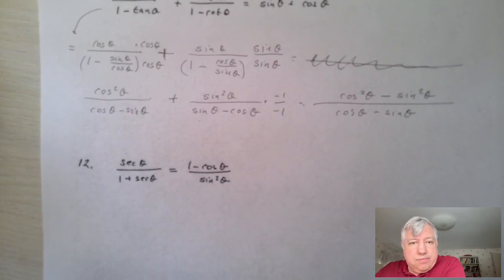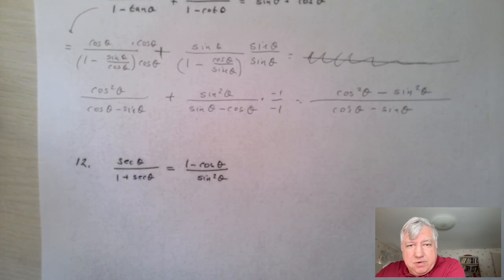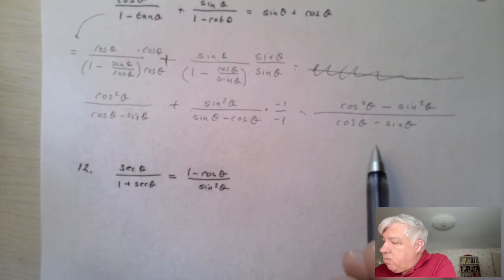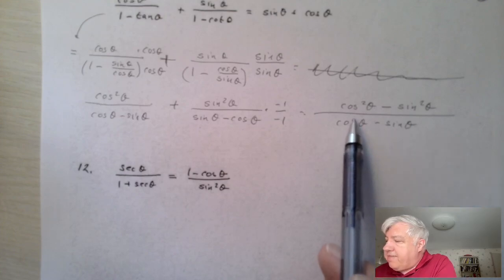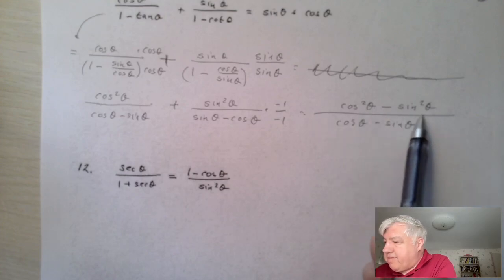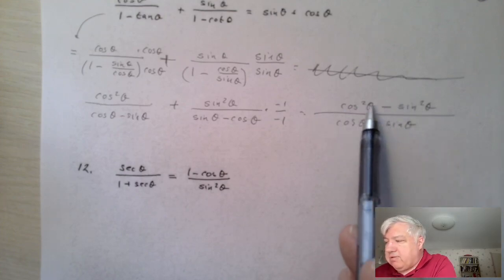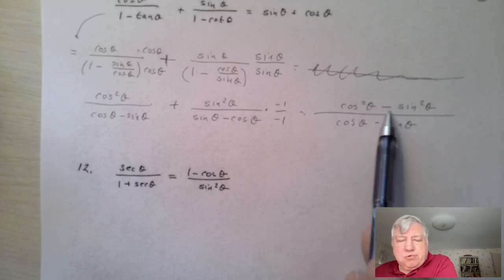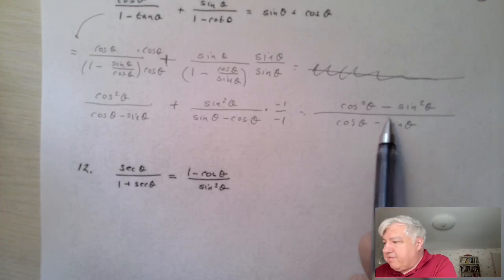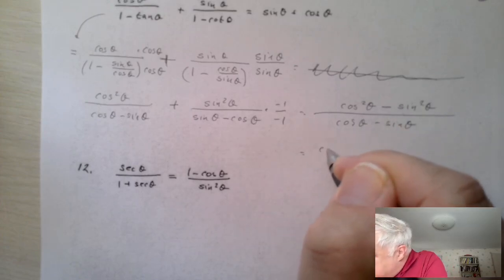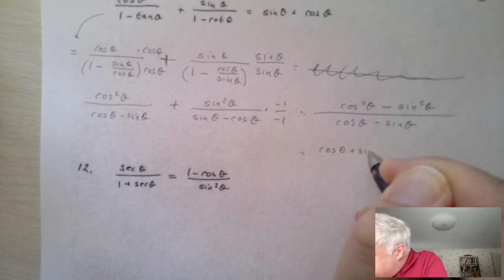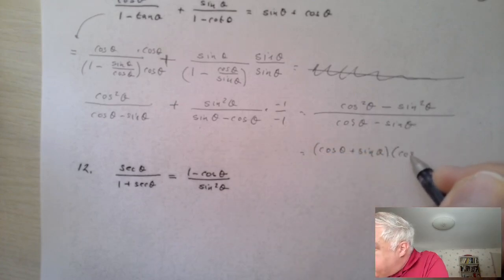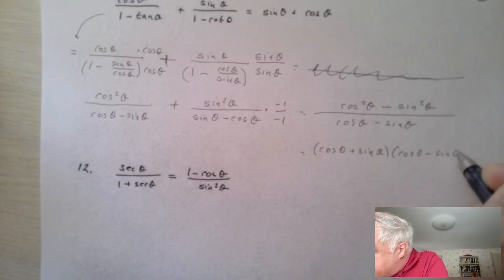Okay. Have a pause for breath, make sure we're okay with this. Now, we could do a substitution and write this top all in terms of sine or cosine, but we know this is the difference of two squares, and that means we can factor it nicely. So this will be cosine of theta plus sine theta, times cosine of theta minus sine theta.